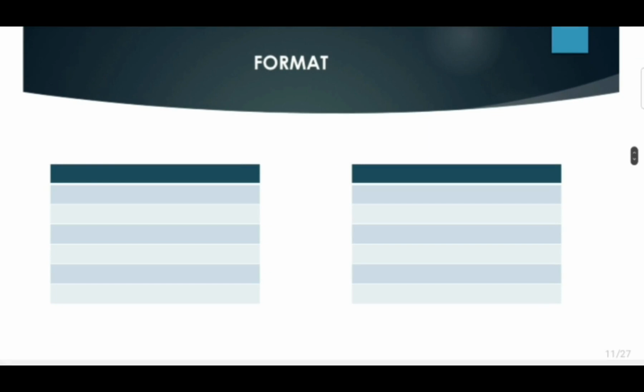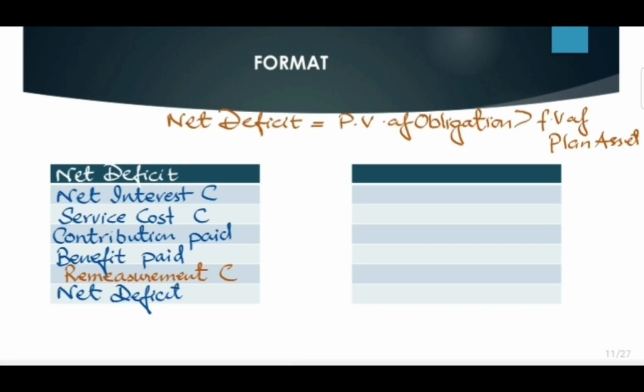Next is about format. Before discussing the format, we need to consider what is meant by net deficit. It means if the present value of obligation is greater than the fair value of plan asset, this situation is said to be net deficit, and the contrary is considered as net benefit.